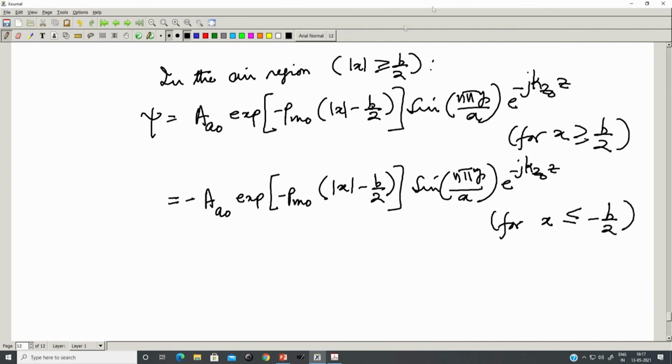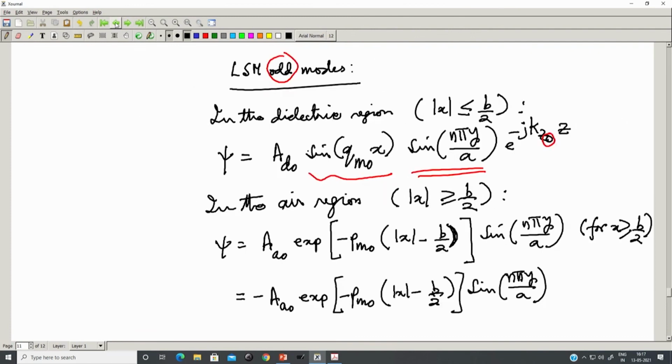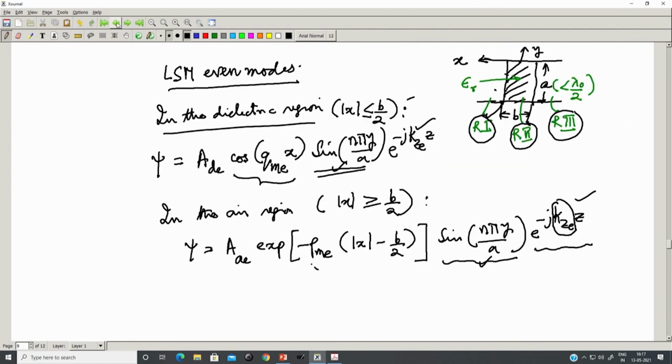So, x less than or equal to minus b by 2 is region 3.